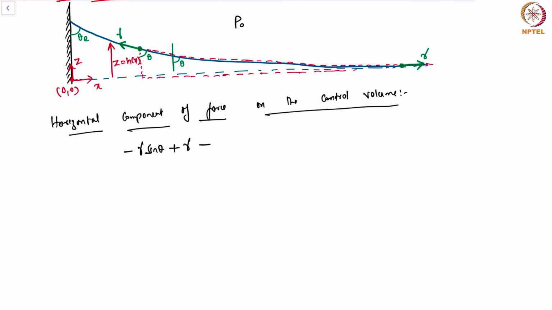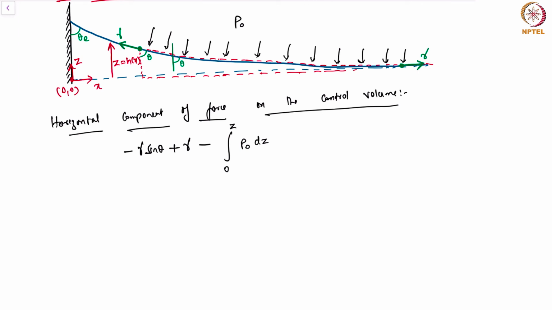It's a constant pressure, so this projection in the horizontal direction would simply be the integral from 0 to z of P naught dz.